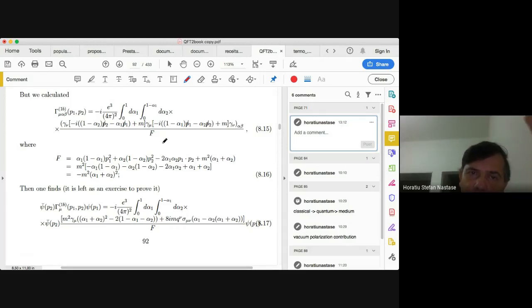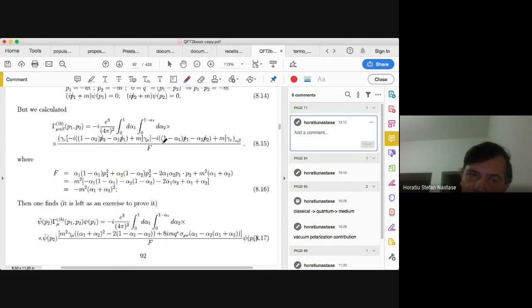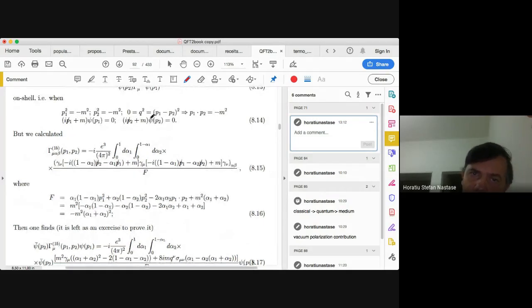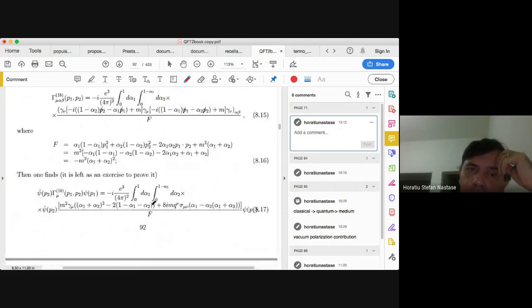Q nu, remember, is the momentum of the gauge field. So Q being P1 minus P2. So we have a term with psi bar gamma mu psi, and a term with psi bar q nu sigma mu nu psi.